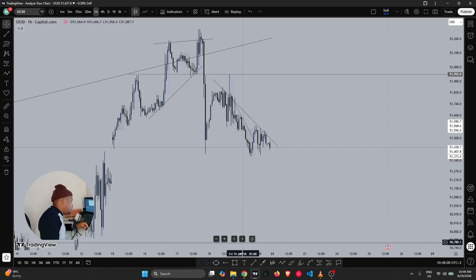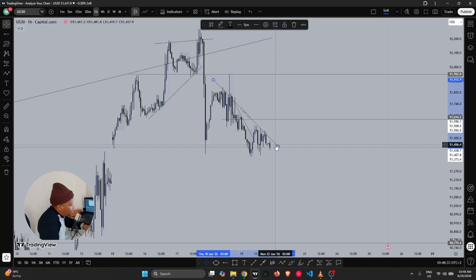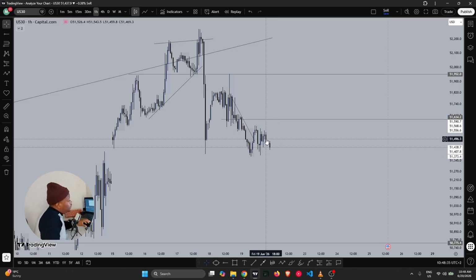But because the 1 hour has already committed to the, what can I say, a pullback mode. Yeah, that's what I can say. Now we are waiting for the 4 hour to kind of oblige, but this is the level that I can see the market could possibly come to make that retest, pullback retest, whatever you can call it.